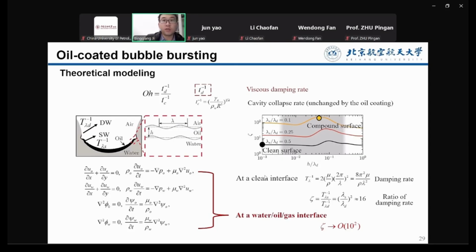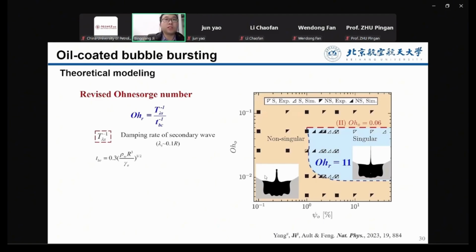It must decrease its wavelength. So this makes the ratio of damping rate between the dominant and the precursor waves increase by 10 times compared to that at a clean surface. So this means indeed the precursor waves are more easily damped for a compound bubble.